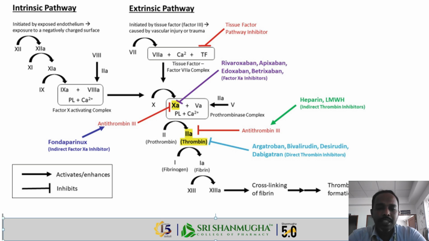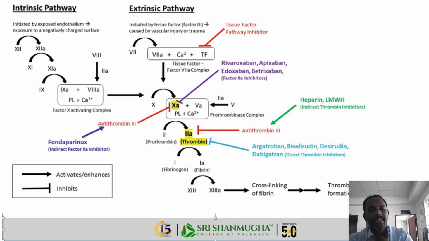So this is the mechanism through which the anticoagulants work. As we discussed in our previous session on coagulants, there are two pathways of clotting, the intrinsic pathway and the extrinsic pathway. In the intrinsic pathway, a series of steps leads to the final step, thrombin and clot formation.